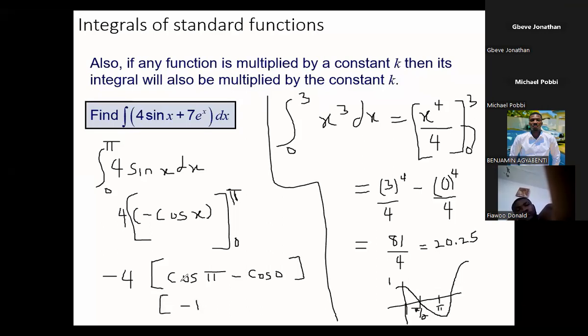So cos 180 is -1 minus cos 0 which is +1, times -4. So -1 minus 1 will be -2. Which means we'll get -4 times -2, which equals positive 8 as our final answer.